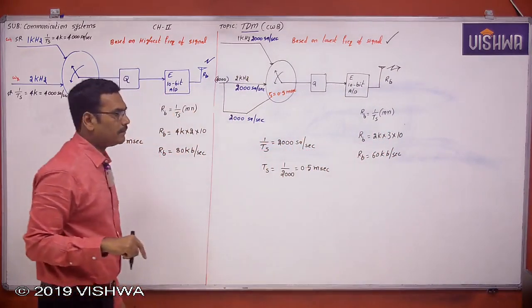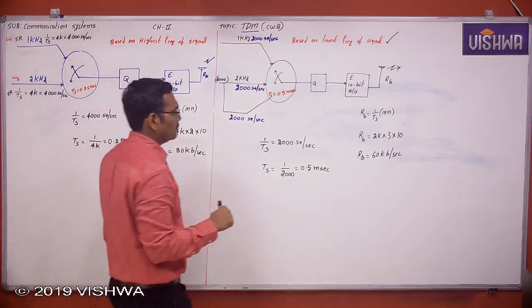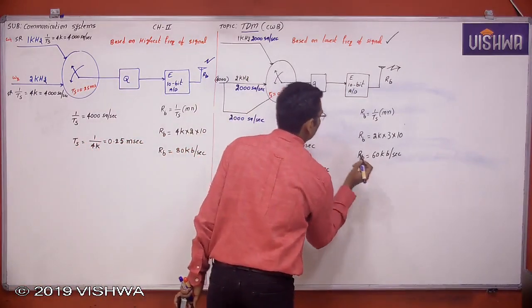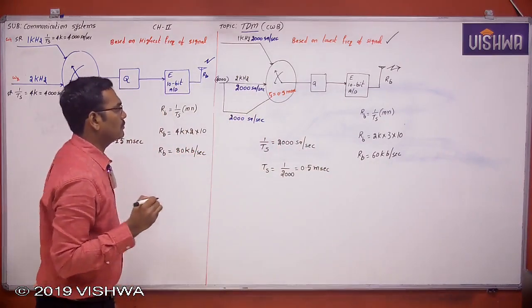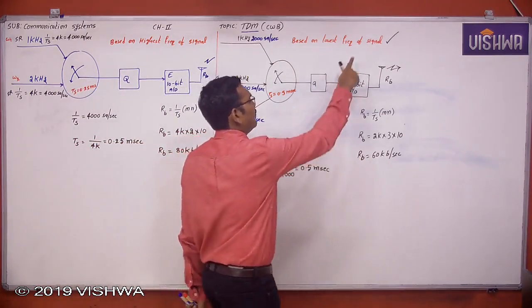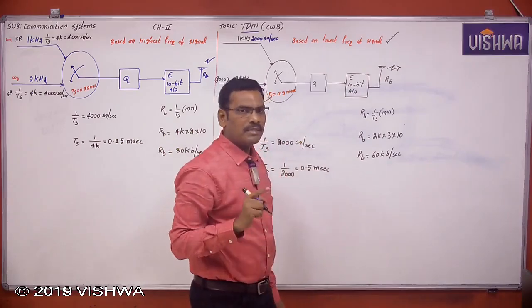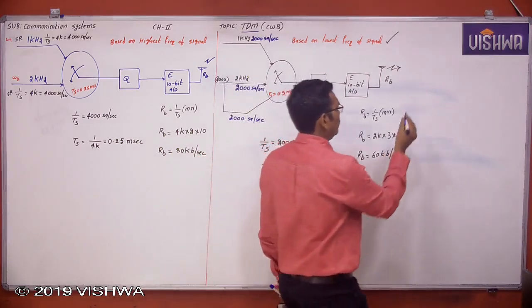Now you see here, this second method is preferable, but this method is valid with one condition. What is the condition?